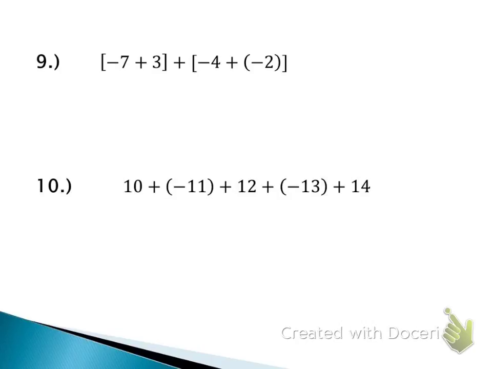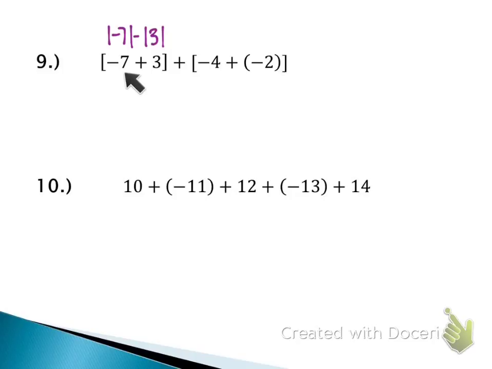So on number 9, within our first set of brackets, we have negative 7 plus 3. They have different signs, so I need to take the absolute values and subtract them. Okay, either way you work it out, whether you can do this in your head or you subtract their absolute values.